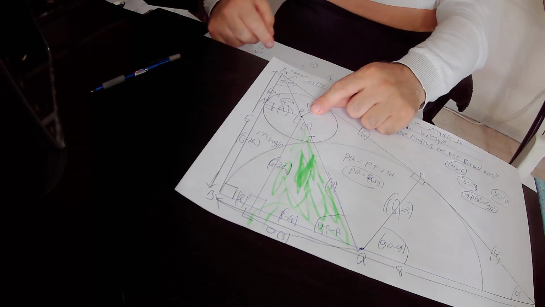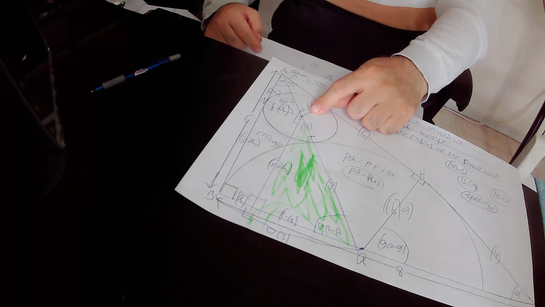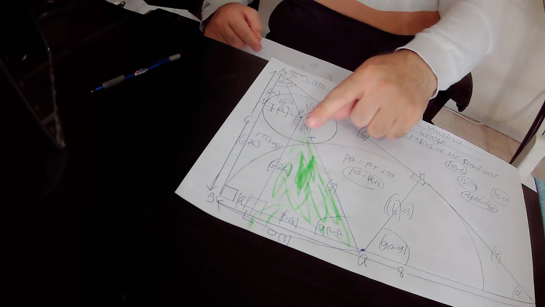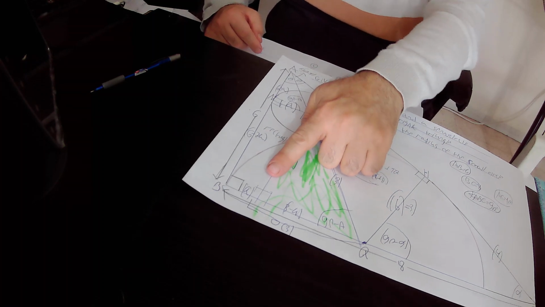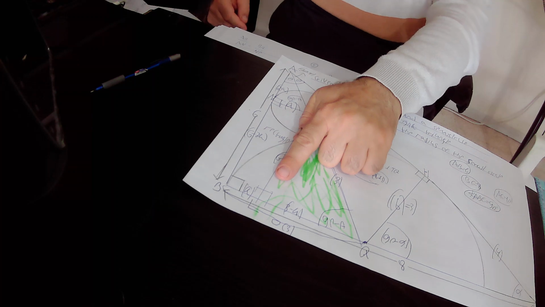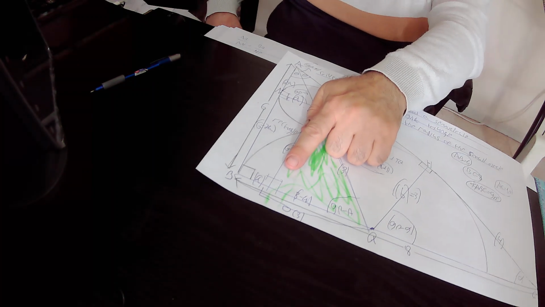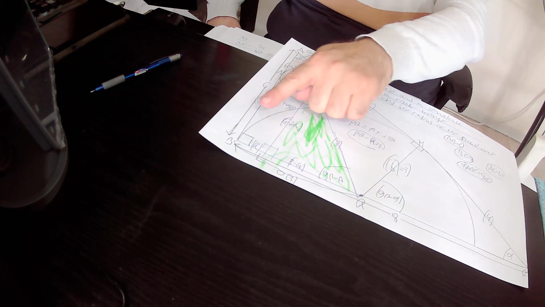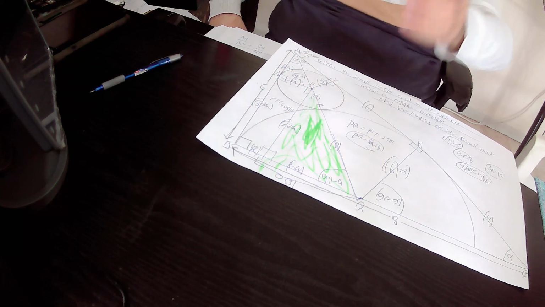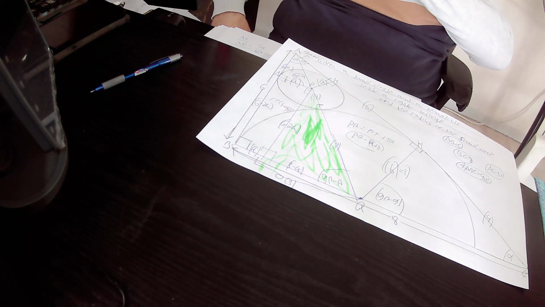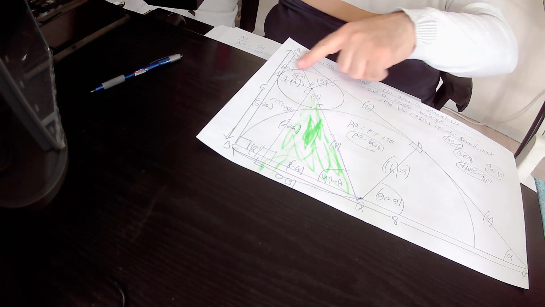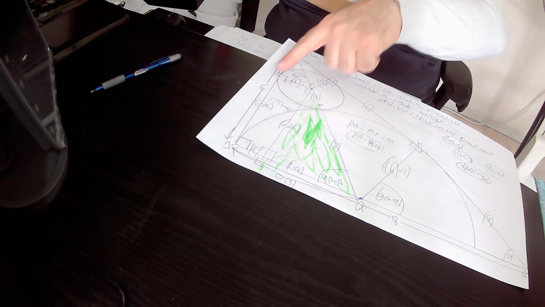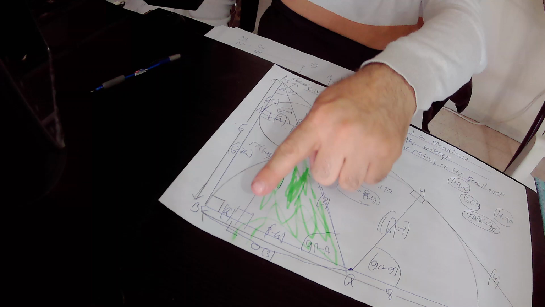From this point P, the center of this small circle, we draw a perpendicular to BQ. So this angle equals 90 degrees, and this angle also equals 90 degrees according to our construction. We define the touching point of the perpendicular from point P and BQ as point L. By doing this construction, we get quadrilateral NPLB. In it we have three right angles.